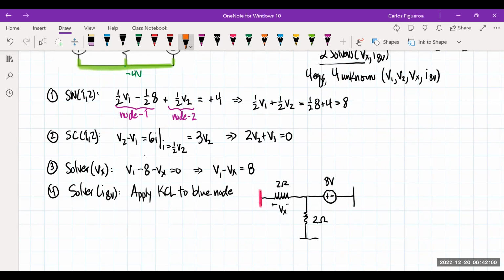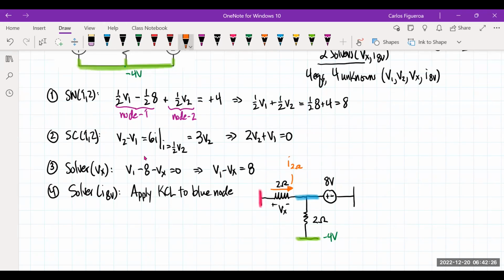I'm going to assume that the current is flowing in this direction, so this current I'm going to call I 2 ohm. Now I'm going to guess, because this guy right here is minus 4, and this guy right here is 8 volts.